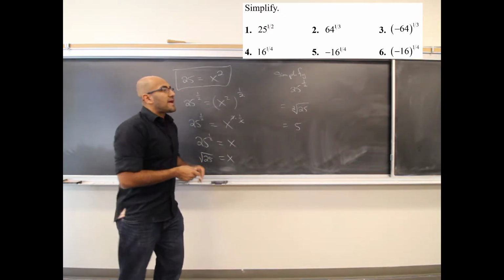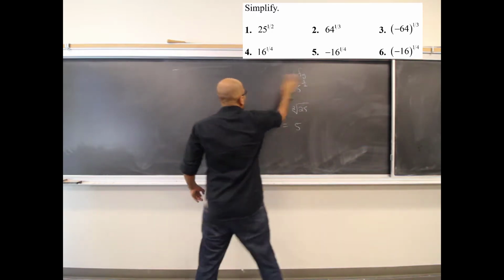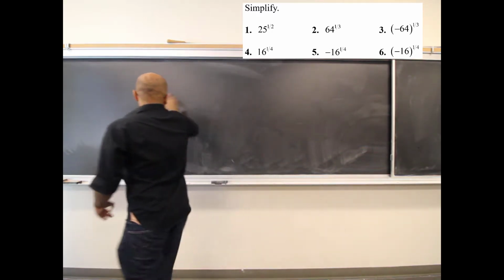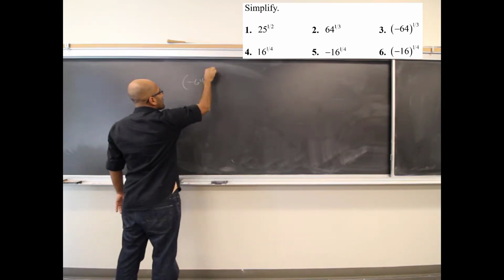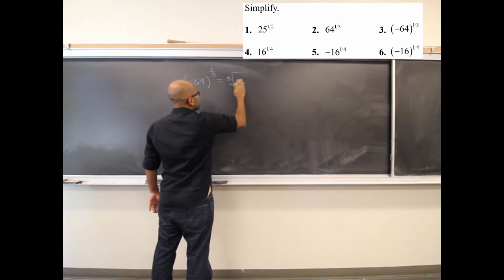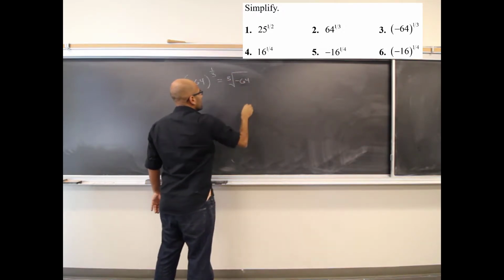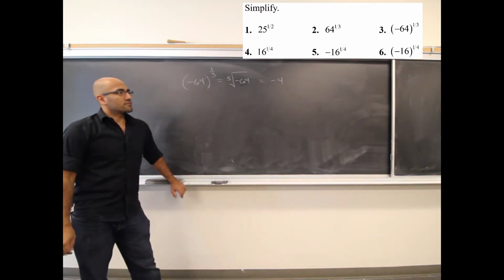What about negative 64 to the 1/3 power? Well, that's just the cube root of negative 64, which is equal to negative 4.